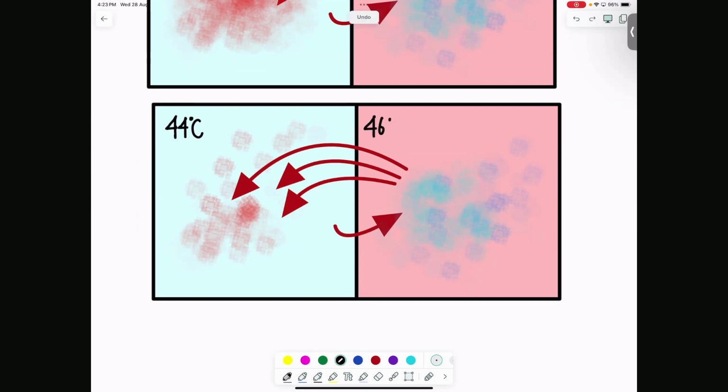Why is the process going to take awfully long for them to become equal? They're far and few, so it takes longer for them to transfer their energy.